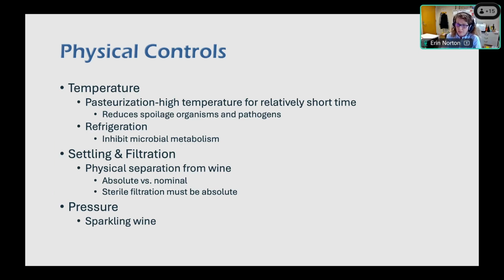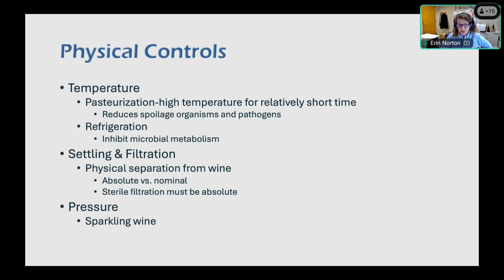So keep them cold when you're not working with those wines or juices. But if you do want to move them or do some sort of operation, filtration, like I said, make sure you bring them up to a temperature that will limit that oxygen getting into those wines.